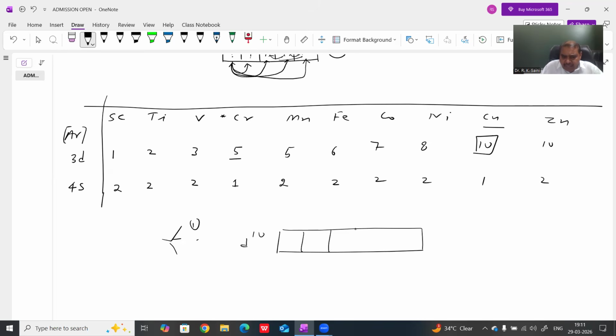Exchange energy is the energy released when electrons in degenerate orbitals with the same spin instantaneously exchange their positions. For example, electrons of one type of spin exchange their positions. For example, these 5 electrons exchange their positions instantaneously, and hence there are a total of 10 exchange pairs.